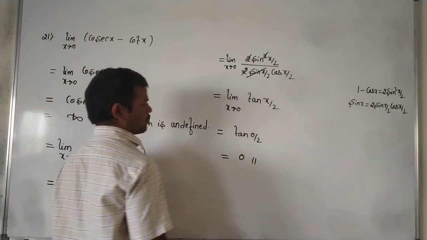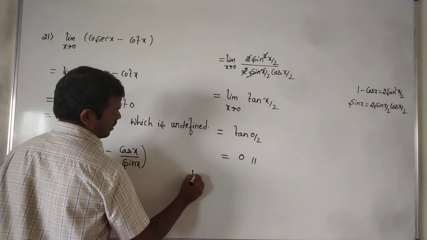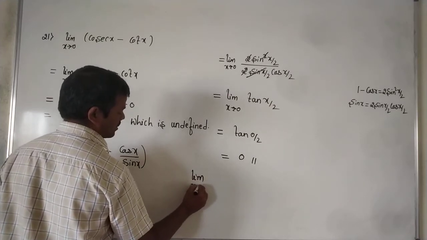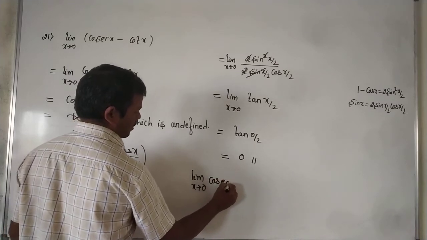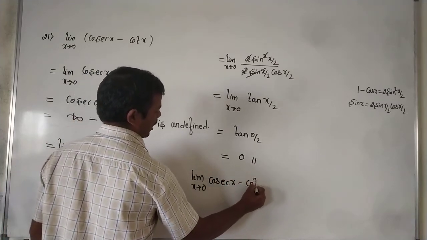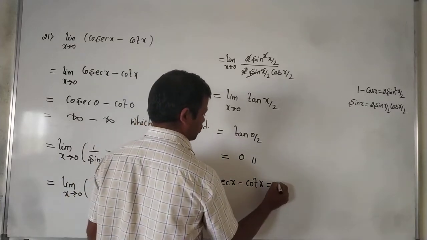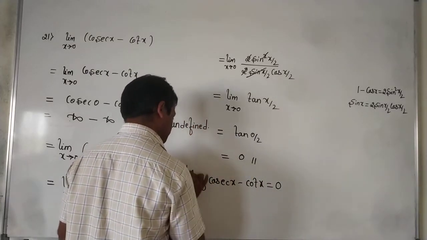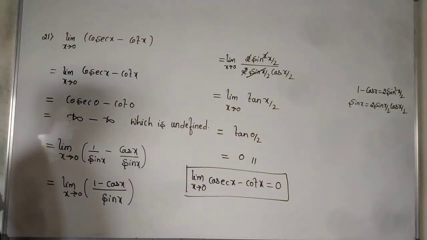This completes the problem. It is a defined form. So here we got the limit as x tends to 0 of cosec x minus cot x is equal to 0. So this completes the problem.